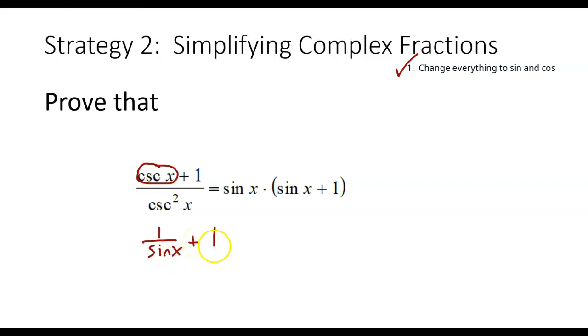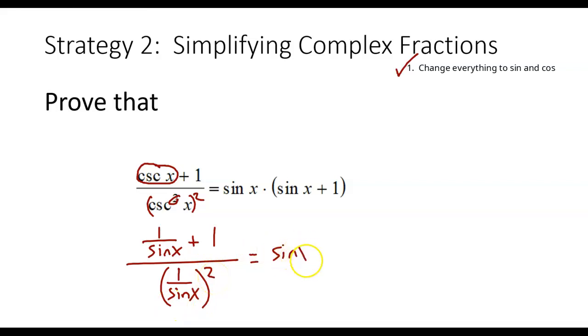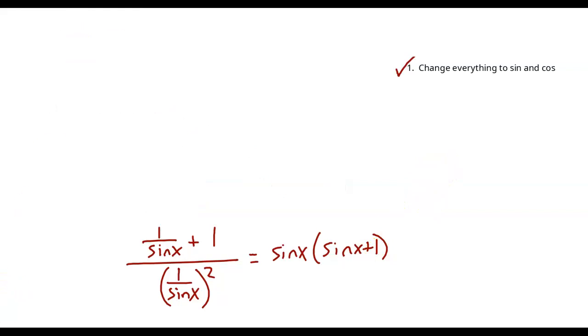The 1, I'm just going to leave as a 1. Cosecant squared, remember I like to think of that as cosecant of x squared. So that really means I have 1 over sine of x squared. Okay, so there's that.